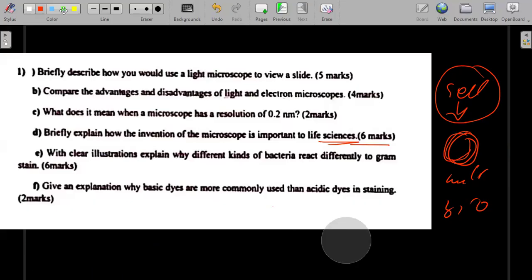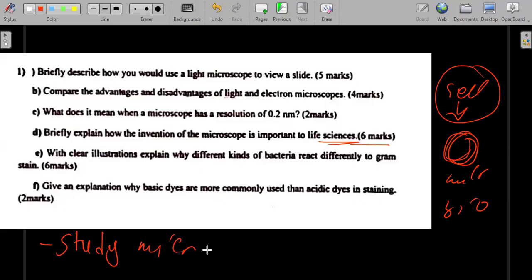We have five. The last one should be study of tiny organisms, which we call microorganisms. We cannot see those small organisms using our naked eyes. We need to use a microscope to view those tiny organisms. So those are some of the importance of a microscope in science.